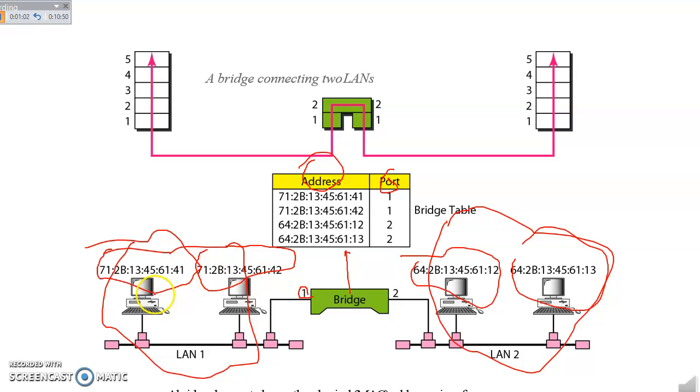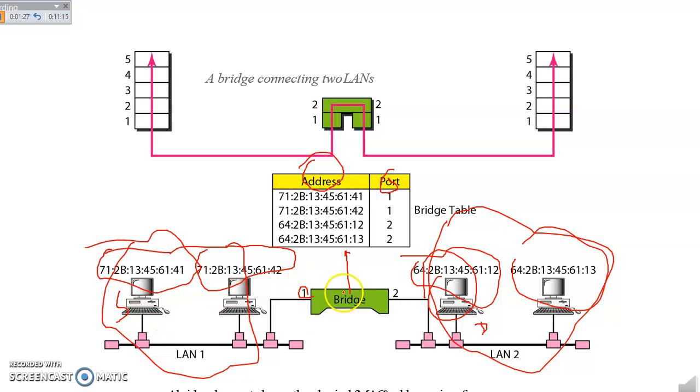So suppose this system wants to send some frame, data, or packet to this system. This system is the source, and this system is the destination. That frame is attached with the MAC address of this system.